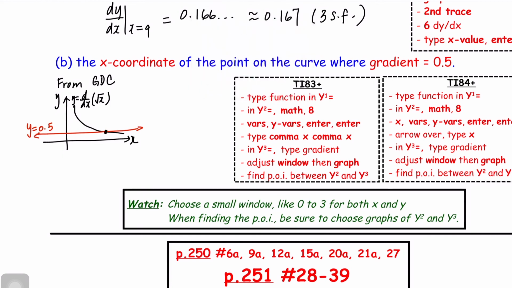We will mark off the point of intersection, which is (1, 0.5). And therefore, x is equal to 1 when the gradient is equal to 0.5. So we have done this graphically. Let me put a box around it. And that's it.